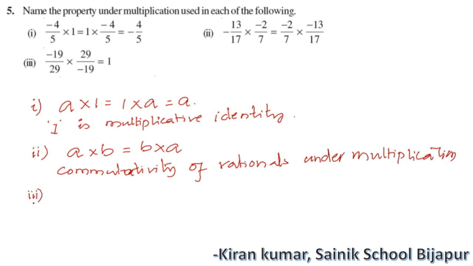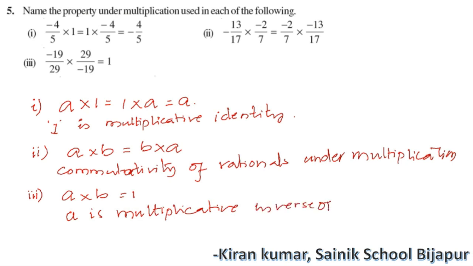Look at the third one. It's negative 19 by 29 multiplied to 29 by negative 19 equal to 1. When A is multiplied to B, if the product is 1, we say that A is multiplicative inverse of B and vice versa.